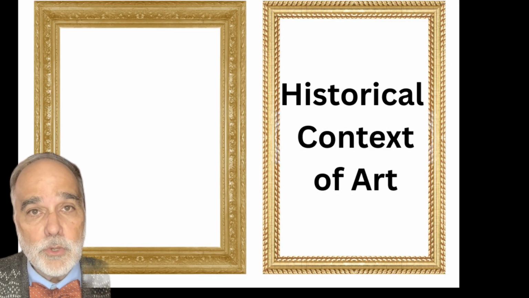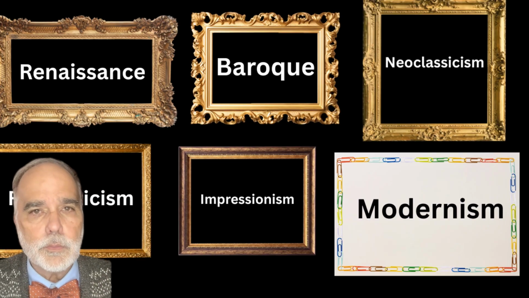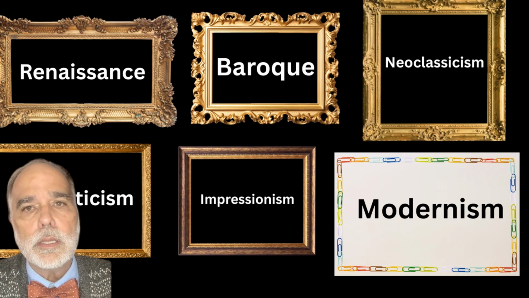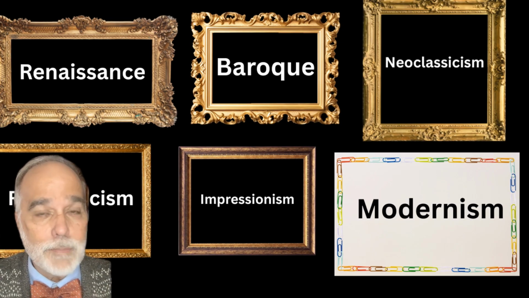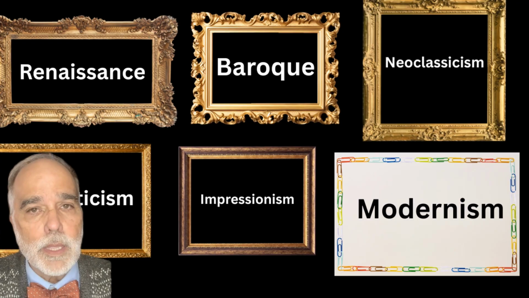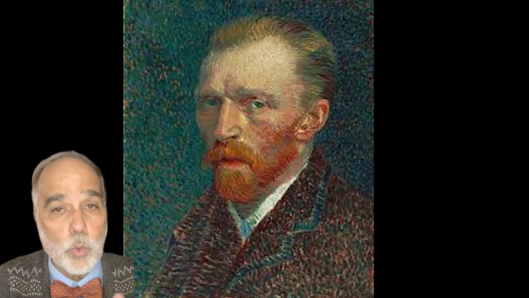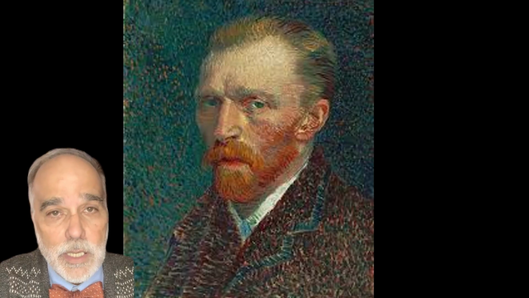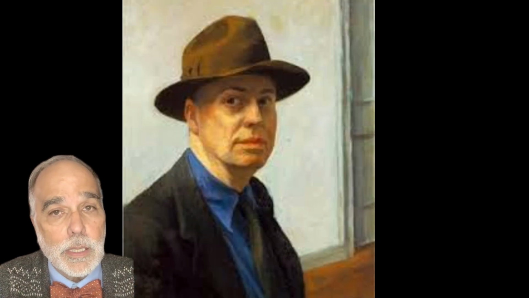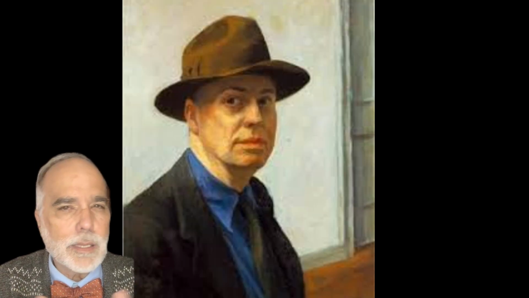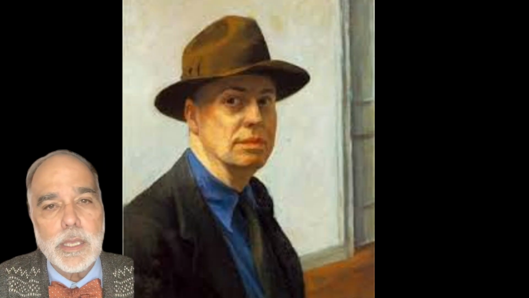Second, the movements, the eras, Renaissance, Baroque, Neoclassicism, Romanticism, Impressionism, Modernism. These give you the lens, the cultural perspective that shapes why the artist worked the way that he or she did. Put them together, and you stop feeling like an outsider when you're looking at art.